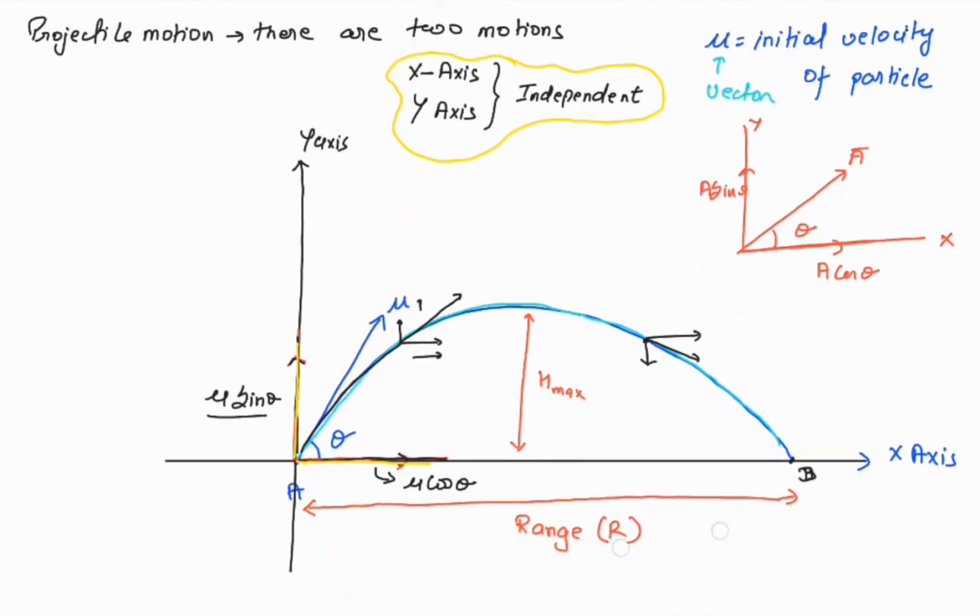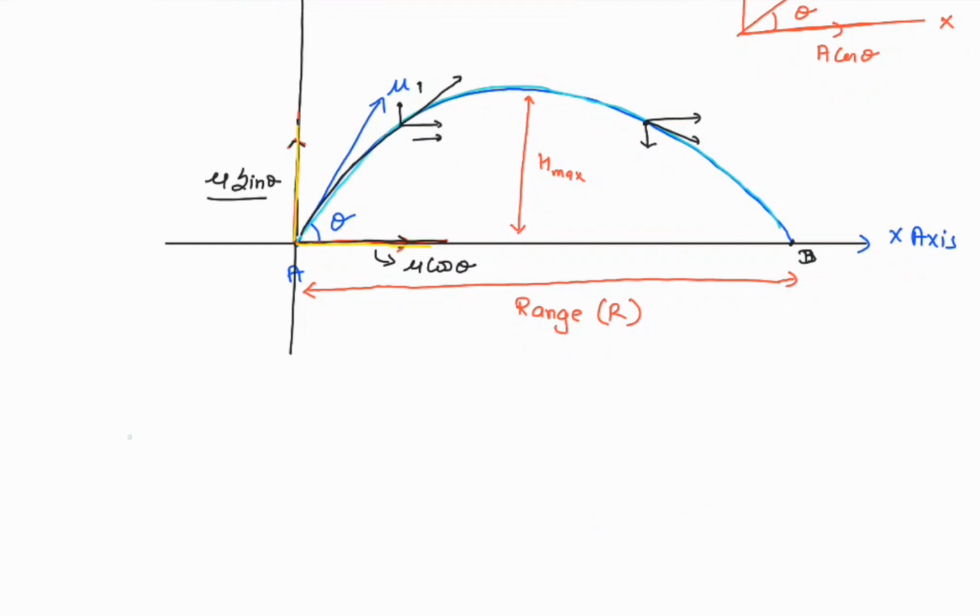Now, we have discussed that when the projectile is moving, it has an x-axis motion and a y-axis motion. Suppose the projectile has covered a distance from point A to this point. It means it has covered some distance in the x-axis and some distance in the y-axis.